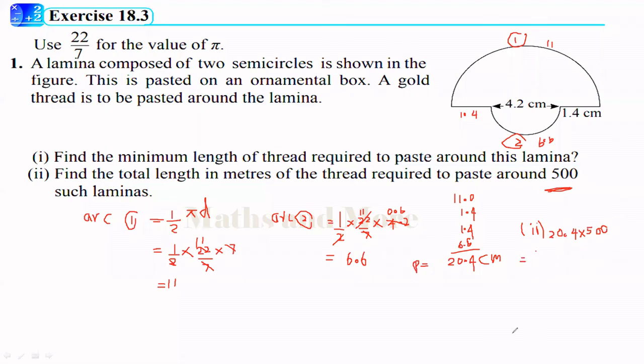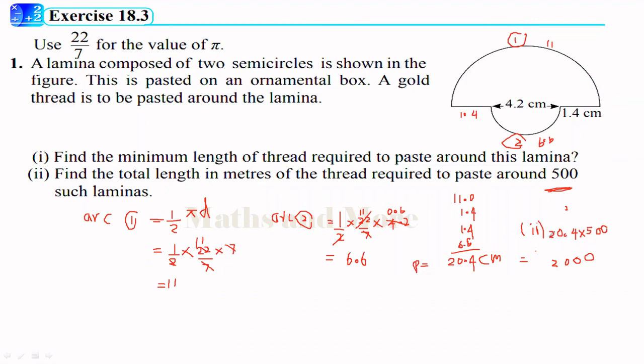When you are multiplying, first you can put these double zeros. Put that double zeros first. Now 5 remains. 5 into 4, 20. Write that 0. Then 2 remains. 5 into 0, 0. 0 plus 2, 2.